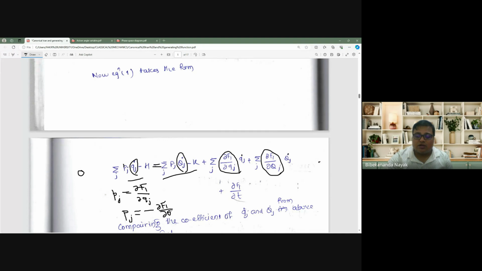Then the third thing, the other remaining terms: H minus K equals del F1 by del t. So K is equal to H plus dF1 by dt.